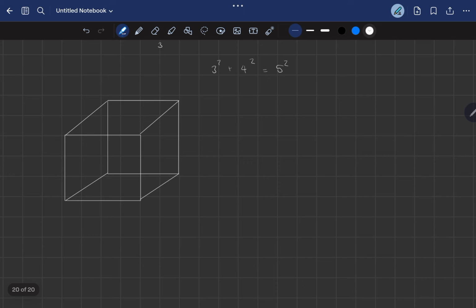And I want to find the long diagonal. Okay? So this is the top back right corner. I want to find the bottom front left corner. Okay?